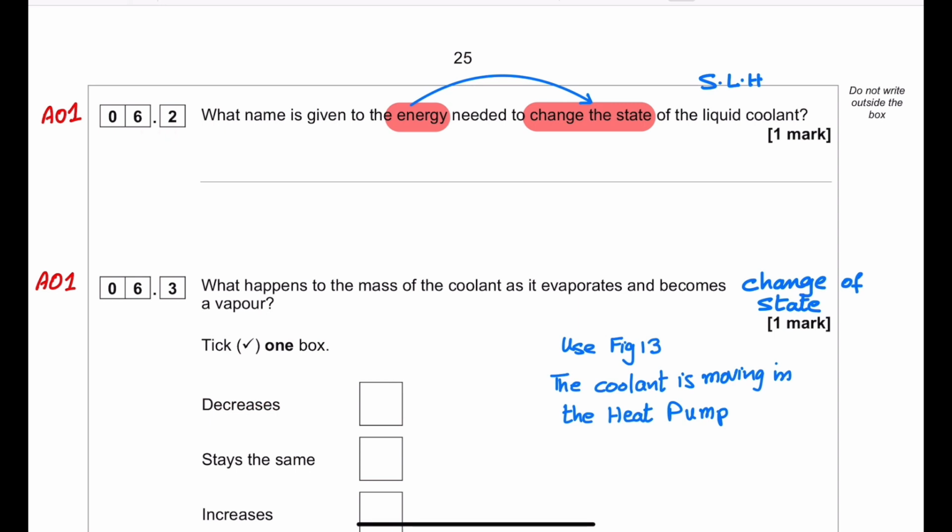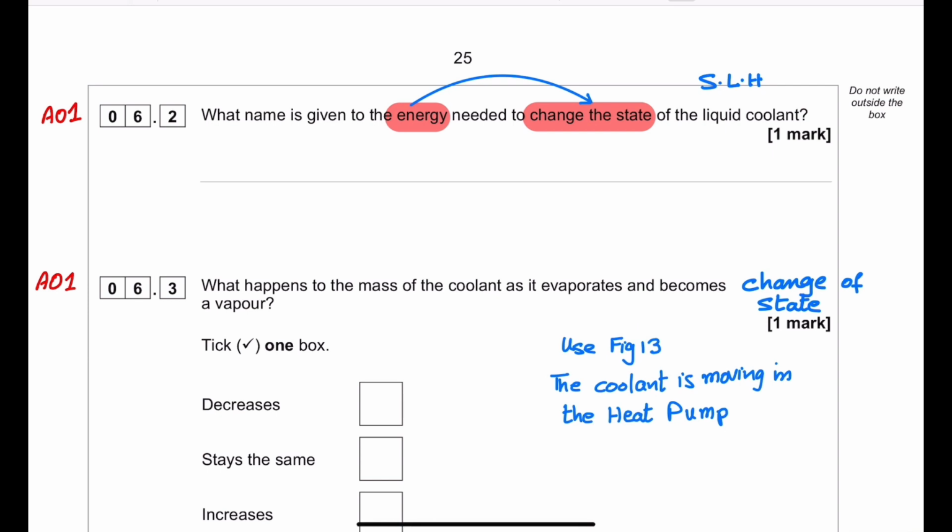6.2 is an AO1 question and this question is from the topic of specific latent heat. What name is given to the energy needed to change the state of the liquid coolant? The question is we need the energy that is required to change the state only. So it means the energy is used to change the state, not to increase the temperature.